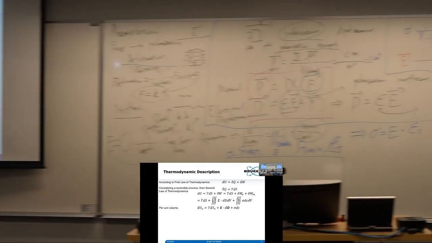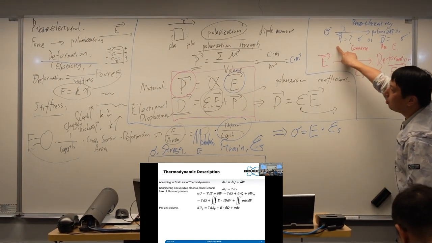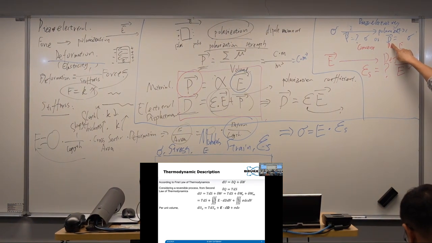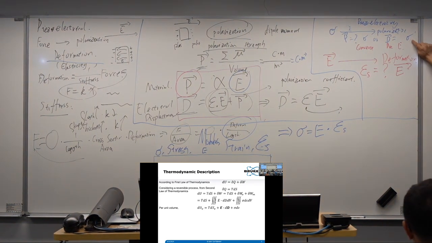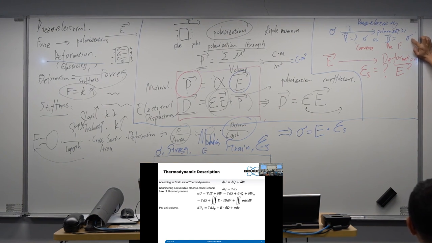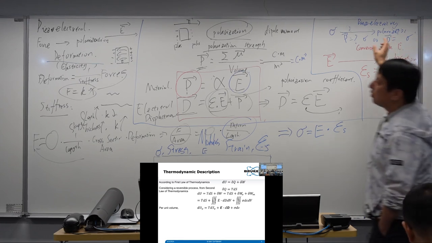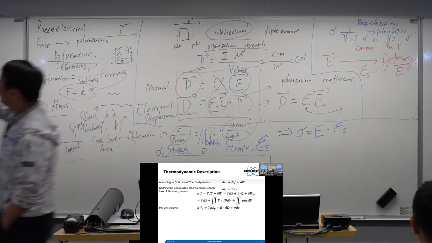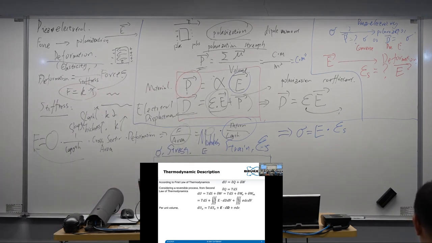We want to know how the polarization, or how the electric displacement, is changed by sigma, the so-called stress. So we want the stress to be inside the derivative.